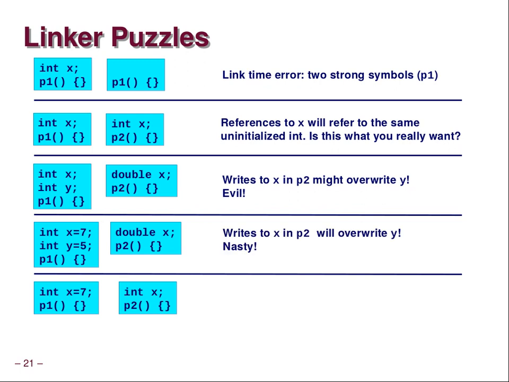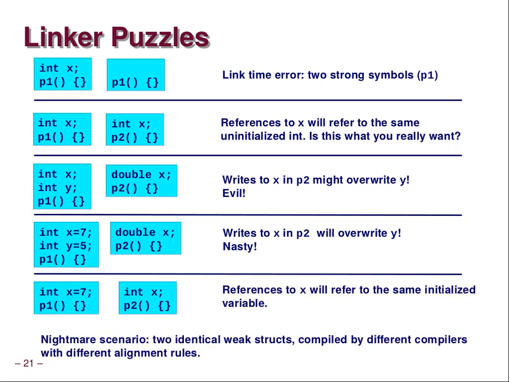Now that X has a strong link, it's going to use that one, and it will overwrite the Y. So beforehand it might, now it definitely will. All right, how about this last one? First one's strong. References to X will refer to the same initialized variable.